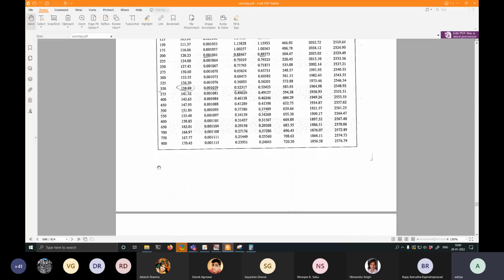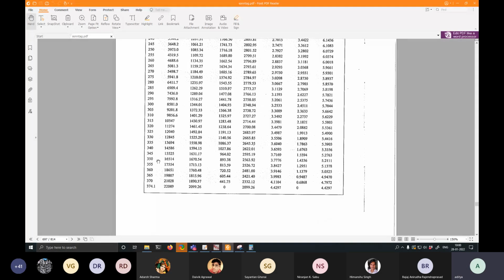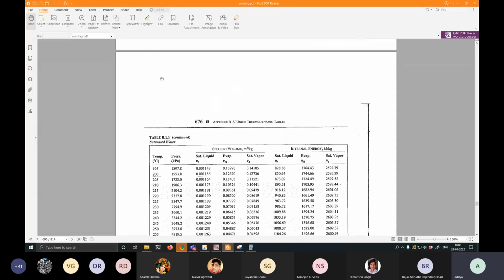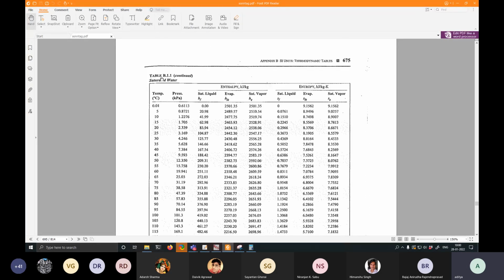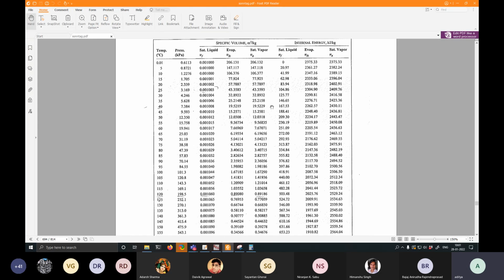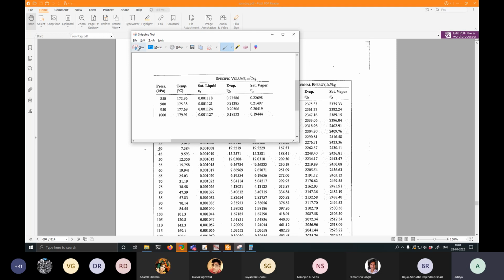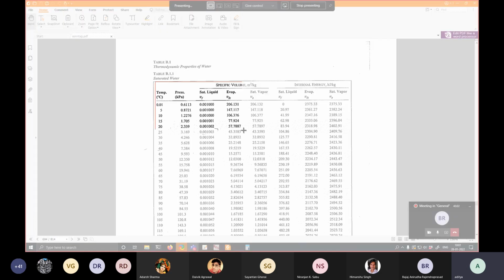Temperature entry, because it's 25. It's a good number for temperature to be at. So I will go to saturated water, 25 degrees Celsius. Where is it? It's over here, but this is the enthalpy entropy page. Specific volume, 25 degrees Celsius. There we have. All right. So I'm going to take a screenshot.